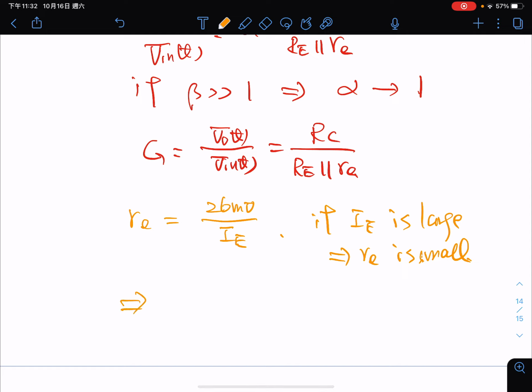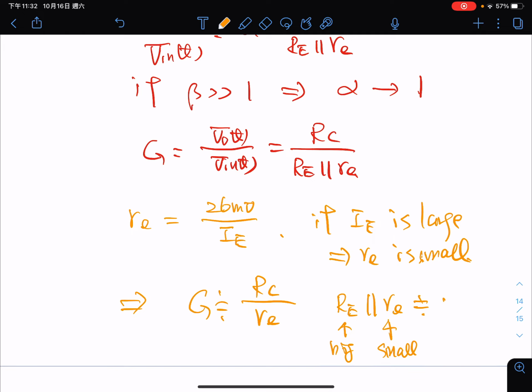Then the gain will be approximately RC over re, because a big resistor in parallel with a big one, in parallel with a small one, will be approximately equal to the small one.